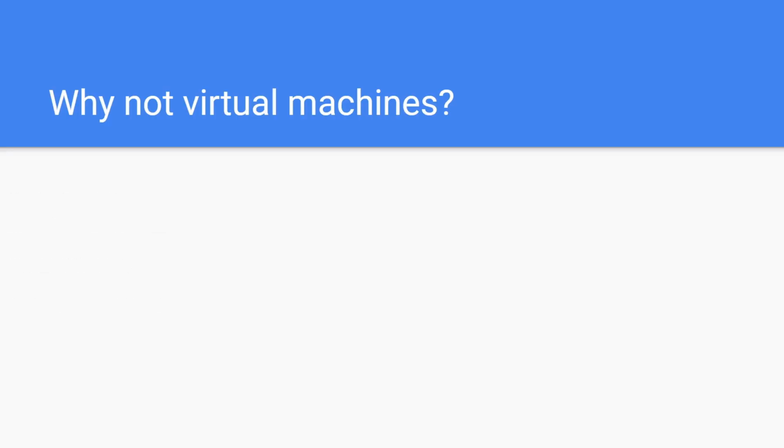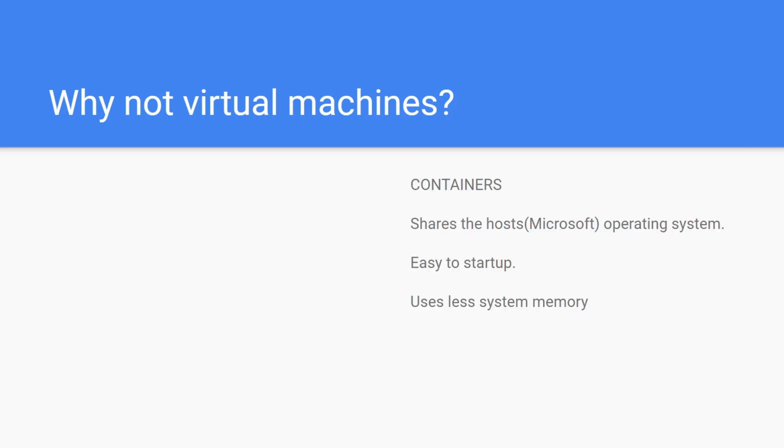So why exactly are we not using virtual machines if they are almost similar to Docker? A lot of people ask that question. Virtual machines may be similar to Docker, but they have slight differences. A container is easy to start up, shares the host operating system, and uses less memory.